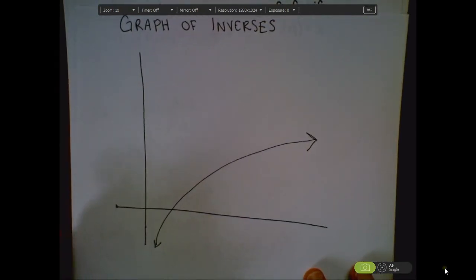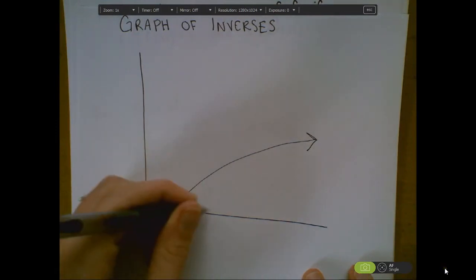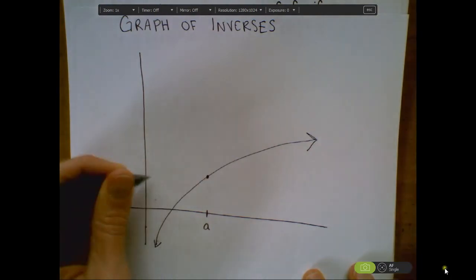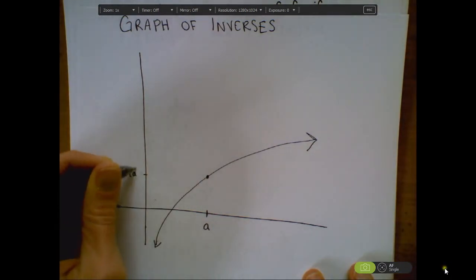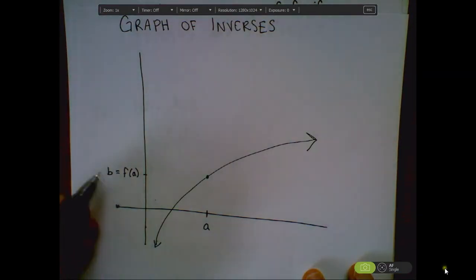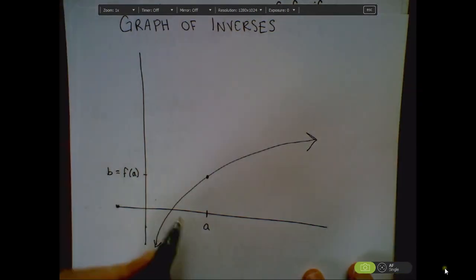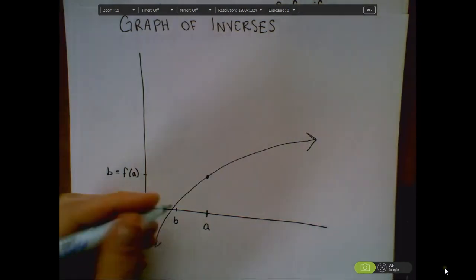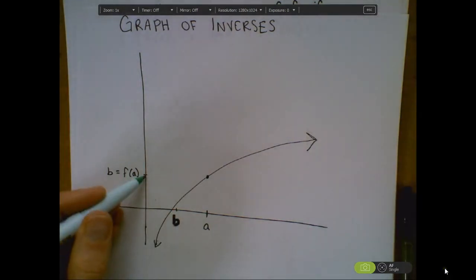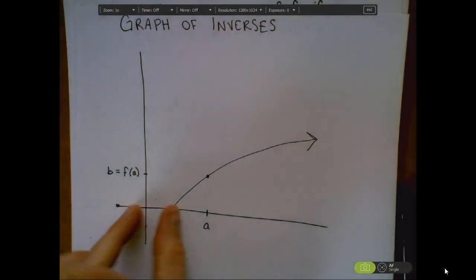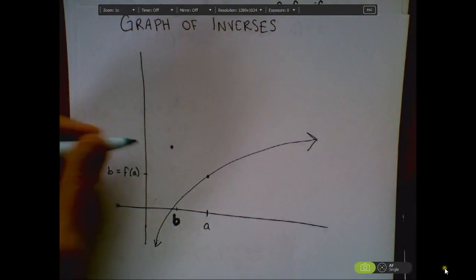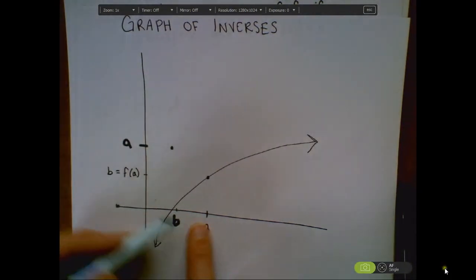Well, it's the same thing as flip-flopping our outputs and inputs, meaning if I plug in a point a into my function f, I get out the point f of a. Maybe we'll call this point b, just for clarity's sake. Well, what does the inverse function do? The inverse function is such that if I start with a point b in my inverse function, I'll write my inverse function values in green. If I start with b, these are the same height. This height b becomes a length b, and I plug it into my inverse function, I better get out a point a. And that's true for every point on this graph.